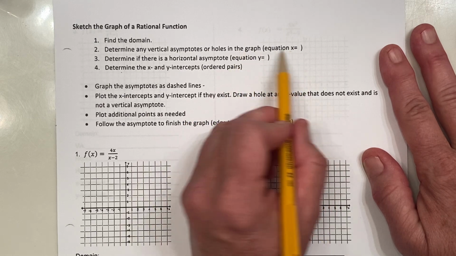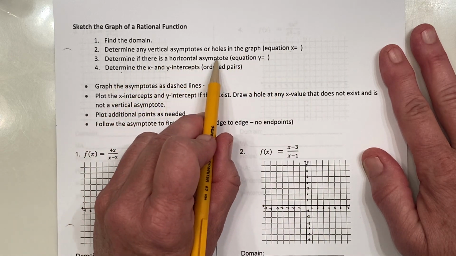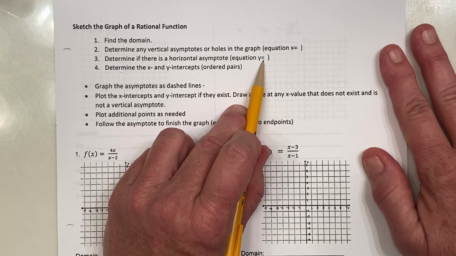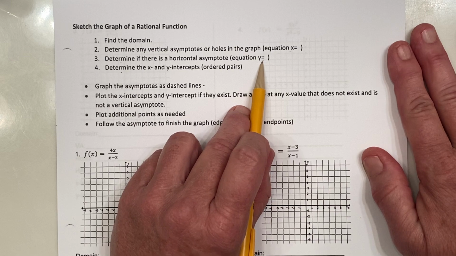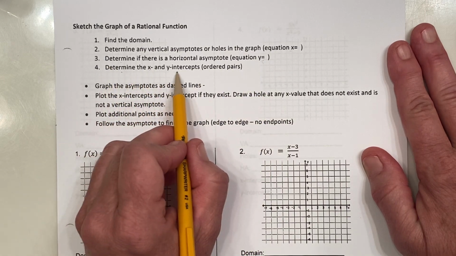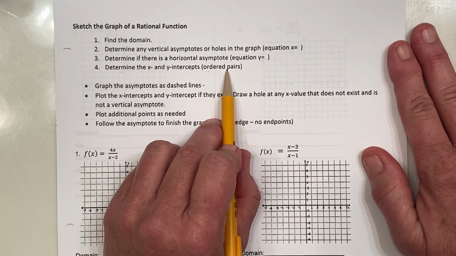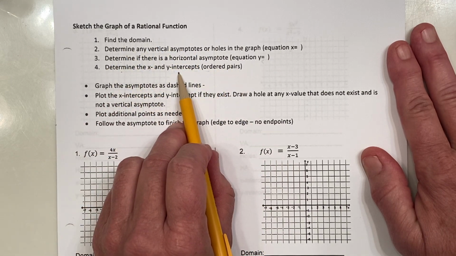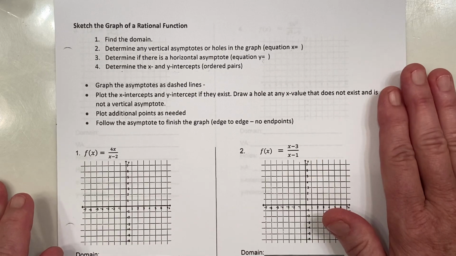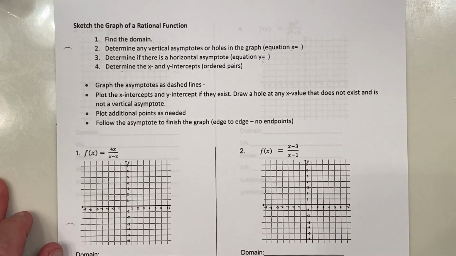We know how to do that. We're going to determine if there's a horizontal asymptote, which has the equation y equals. We'll use Bob-yo, bot-no, eats DC for that. We already know how to determine x and y intercepts and get the ordered pairs, so we can plot those. And hopefully with all of this information, we can put it together and sketch a graph of that rational function.